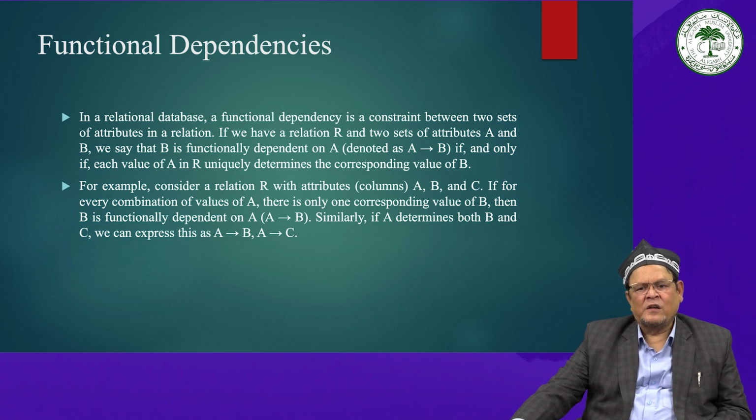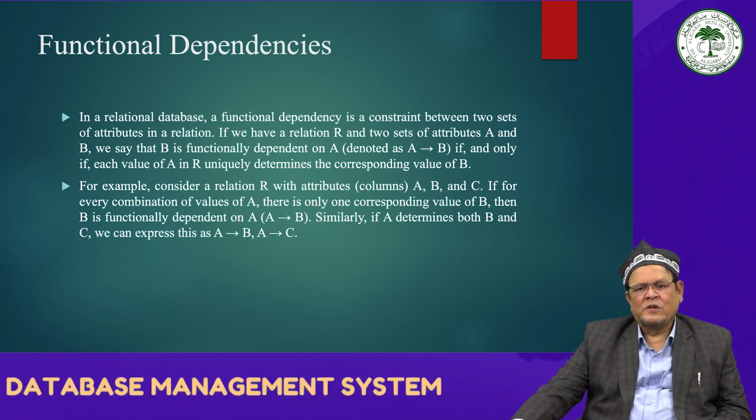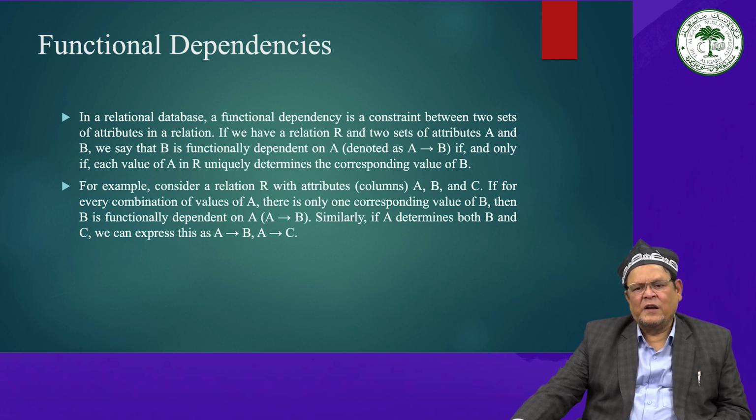Consider relation R with attributes, it means columns A, B, and C. If for every combination of values of A, there is only one corresponding value of B, we say that B is functionally dependent on A, that is, A determines B.